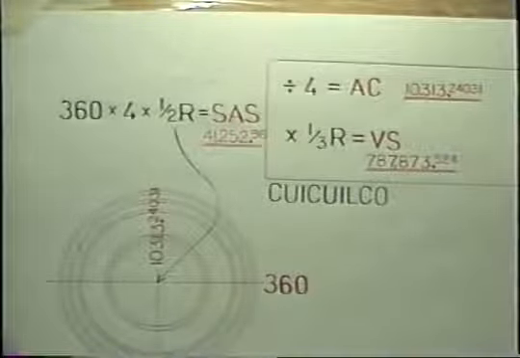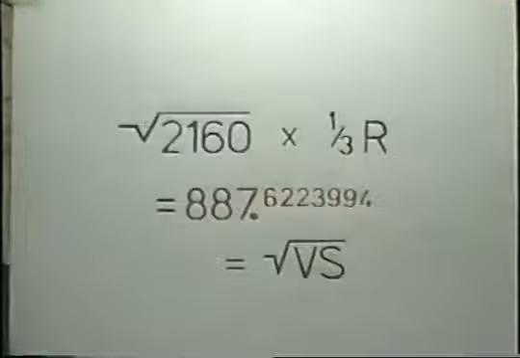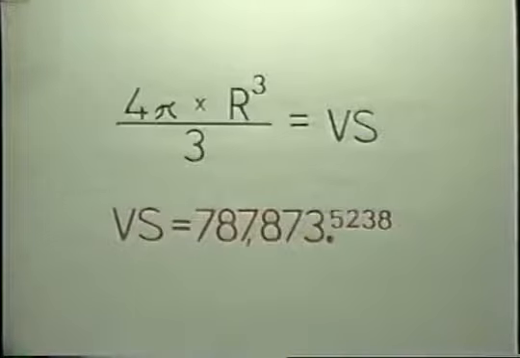Let's combine these results, just to see if any other lost constants turn up. Another one. And we are not completely unfamiliar with it, though this is the first time we have seen it in this mode. Another square root. The square root of the volume of the 360 degree sphere.